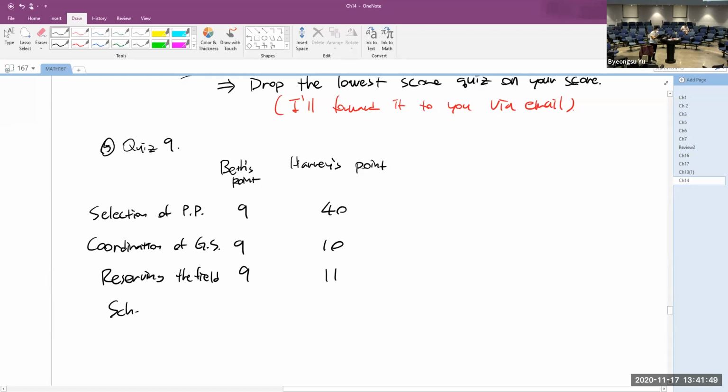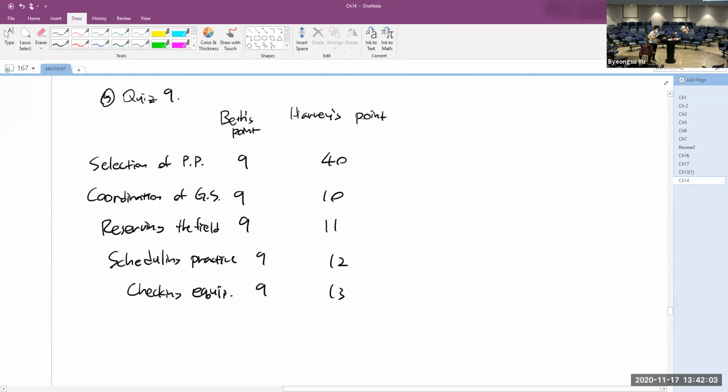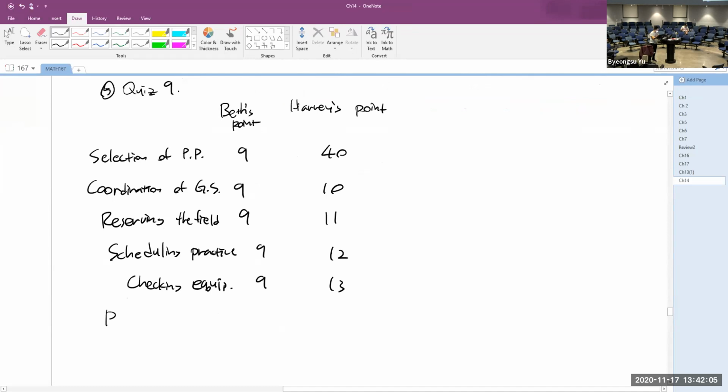Scheduling practice is 9, 12. Checking equipment, 9, 13. And the last one is planning the end of season party, right? And that is 55, 14, right?